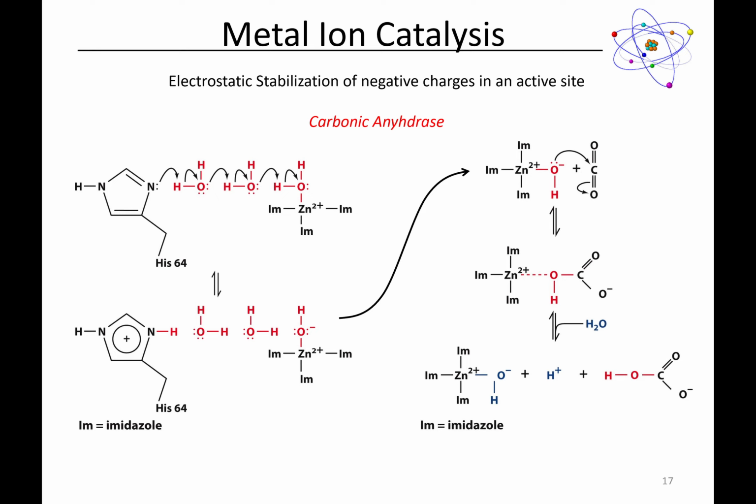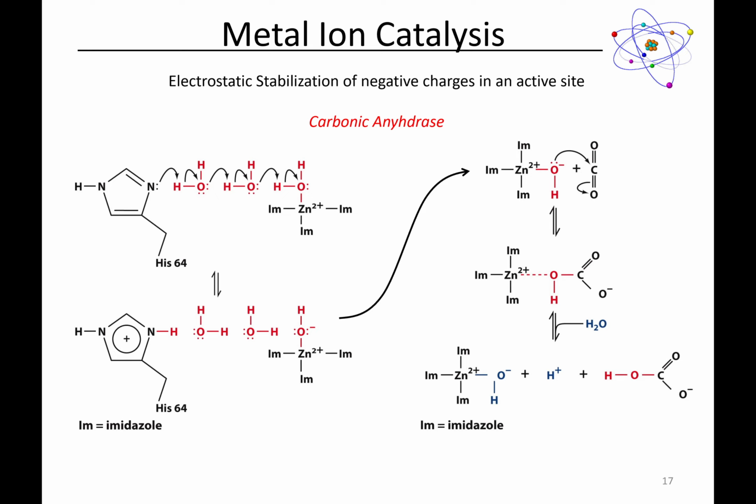The histidine deprotonates one water, which in turn deprotonates another water, which in turn deprotonates another, ultimately generating a hydroxide bound to this zinc. The hydroxide is then the nucleophile, which will attack at this carbon, creating carbonic acid.